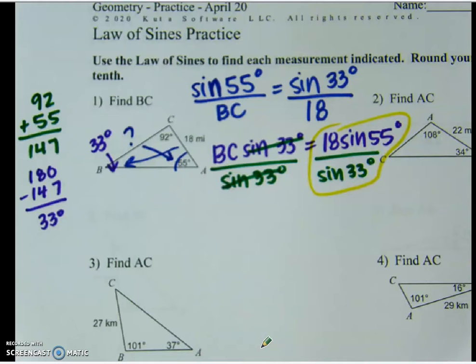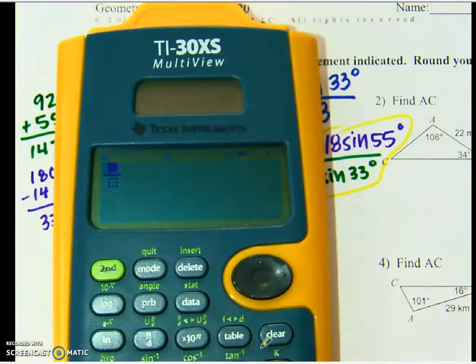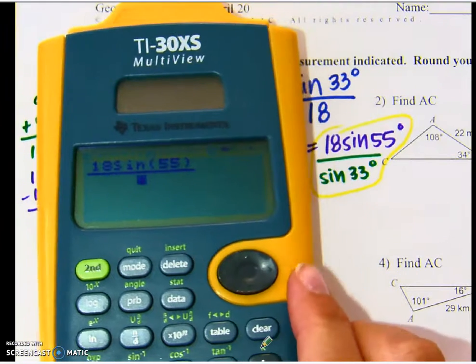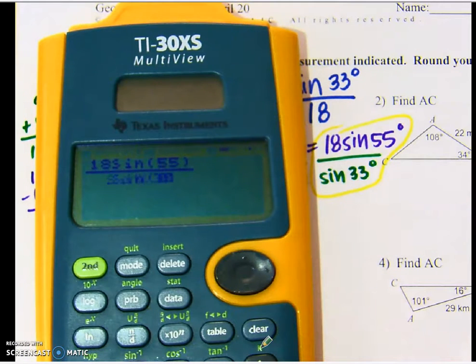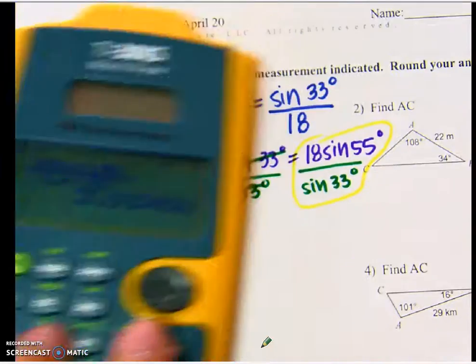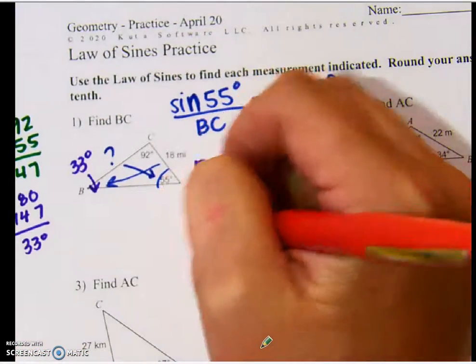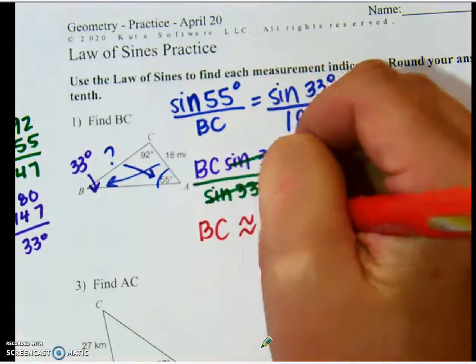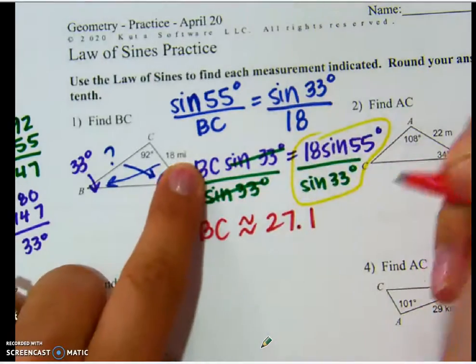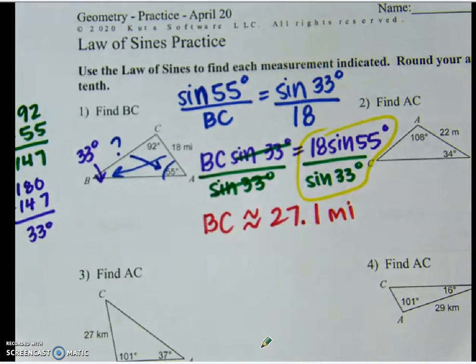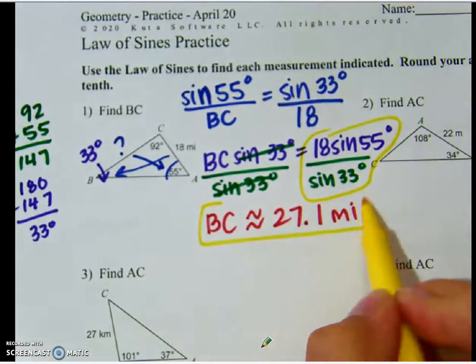I'm going to show you one more time how to do that. So I have n over d, 18 sine 55 over sine 33. Nearest tenth would be 27.1. So BC is about 27.1, and they did give you the units, so I would like for you to put the units, which in this case is miles.